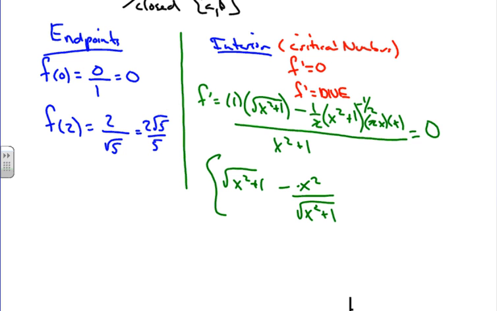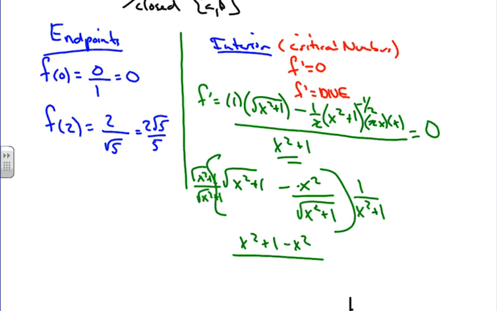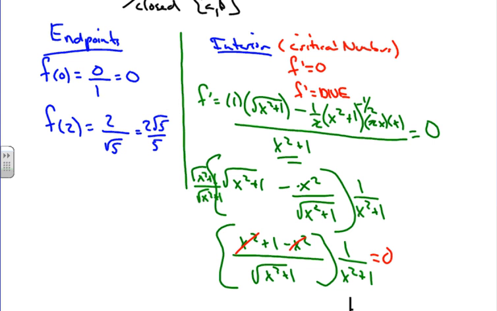From here, we multiply top and bottom by the square root of x squared plus 1 to get a common denominator. What we have is x squared plus 1 minus x squared all over the square root of x squared plus 1 times that quantity x squared plus 1. From here, we identify that the numerator will cancel out and we're left with 1.